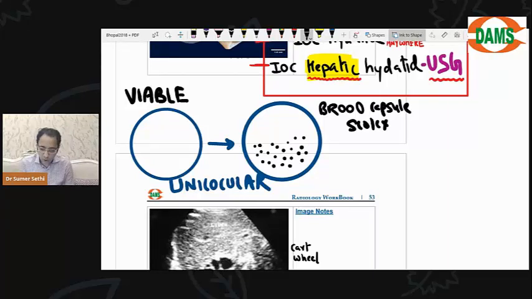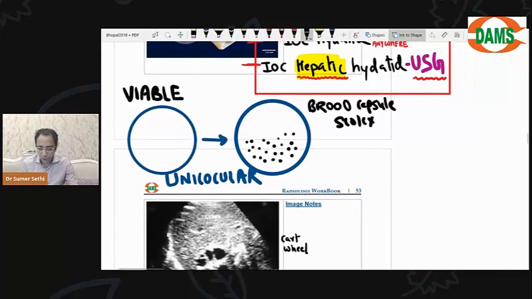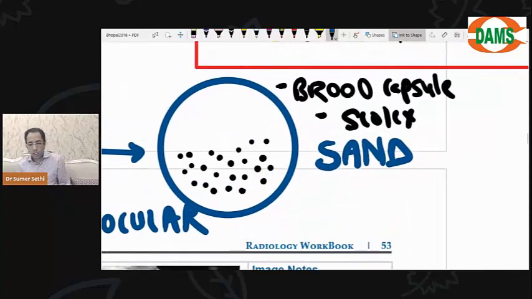So when I do an ultrasound, listen to me, these brood capsules and scolices, which are floating in the cyst, look like sand.